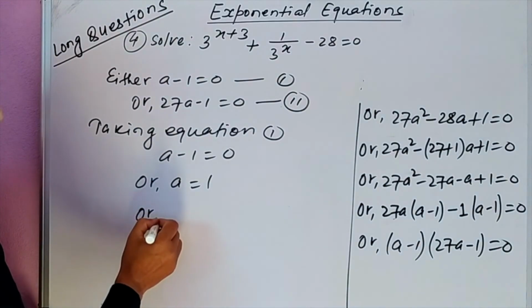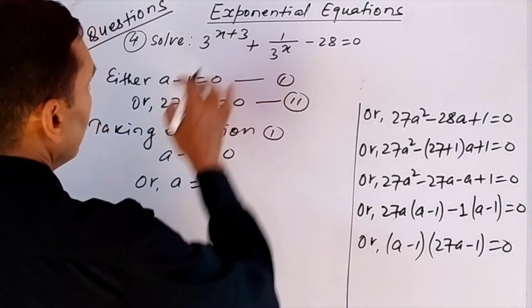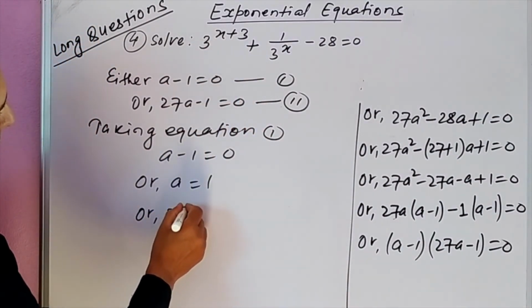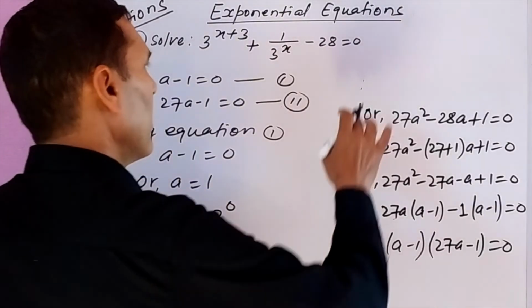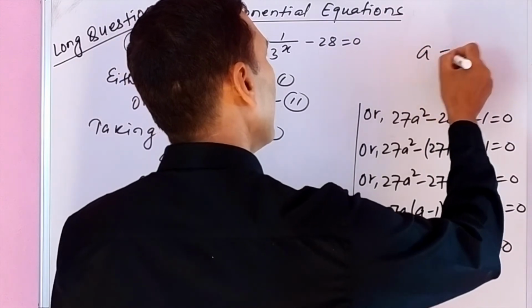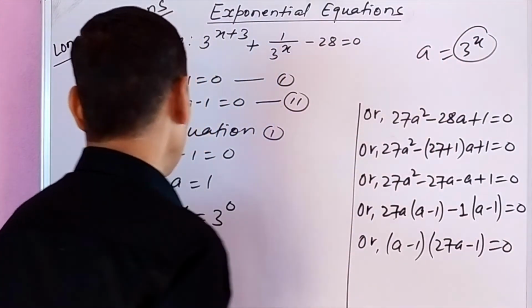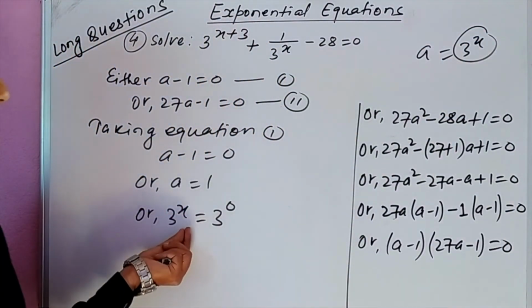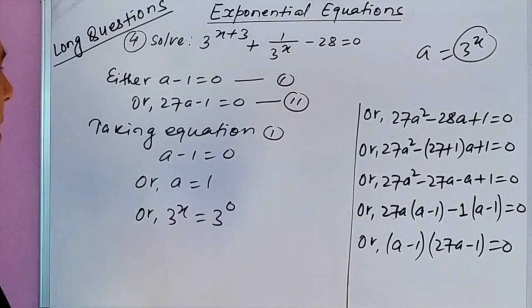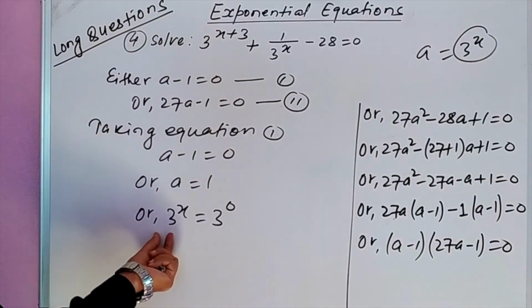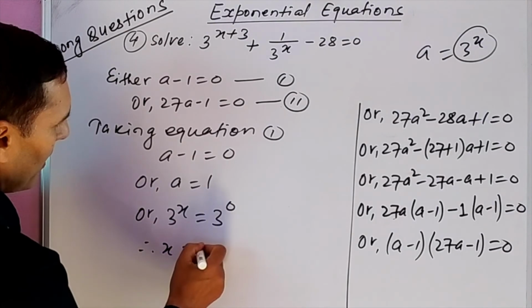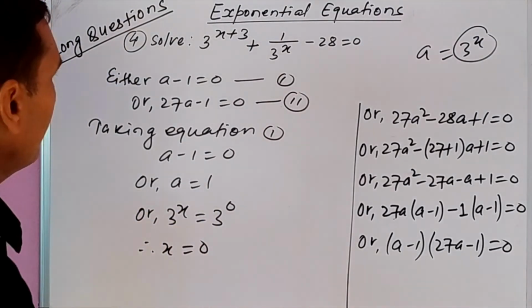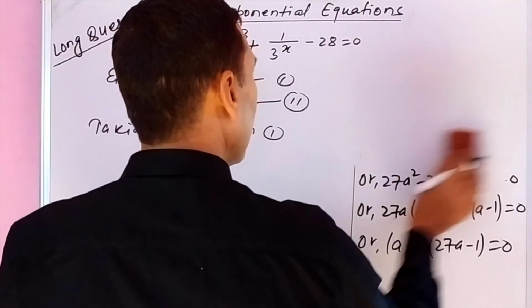We know that a is 3 to the power x, and for 1 we can write 3 to the power 0. Because we have supposed a for 3 to the power x, this a is replaced by 3 to the power x. As we have 1 on the right hand side, it can be written as 3 to the power 0. Now we have the same base 3 on both sides. Therefore, equating powers, x is equal to 0. This is from equation 1.